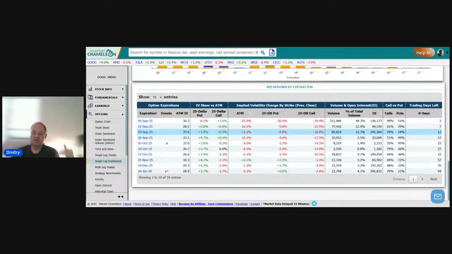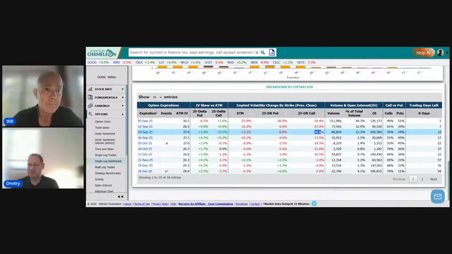So even though they all went down, it looks like the 25 delta call took a bigger decline in implied volatilities than the downside puts. Okay, so Will, I'm going to stop there and throw it back to you, but I wanted to demonstrate to people how they can quickly get a sense of what happened to the implied vols within that expiration.